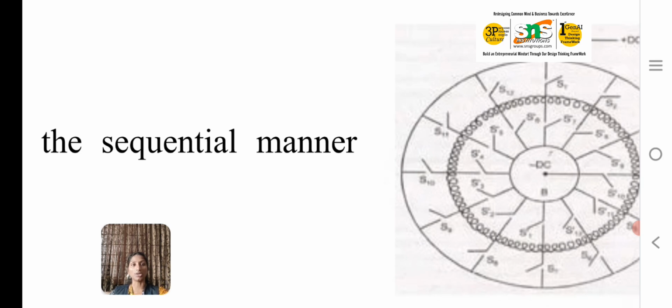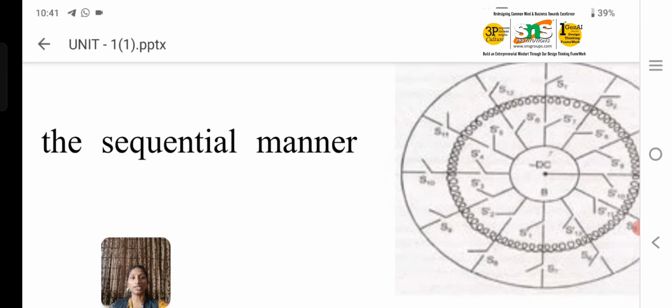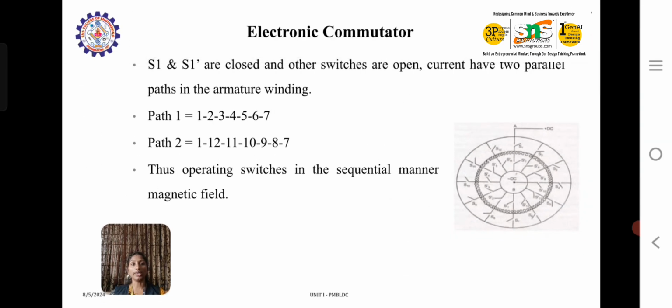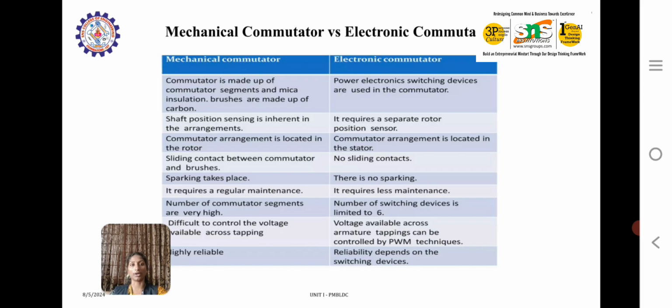If S1 is closed, the positive DC supply from A passes through the field winding and closes through S1 dash to the point B, so that the current starts to flow. Here also we have two current paths, 1 to 7 and 1 to 7 in the anti-clockwise way. Operating the switches in a sequential manner creates the magnetic field. So this is about the electronic commutator, and this is the difference between the mechanical commutator and the electronic commutator.